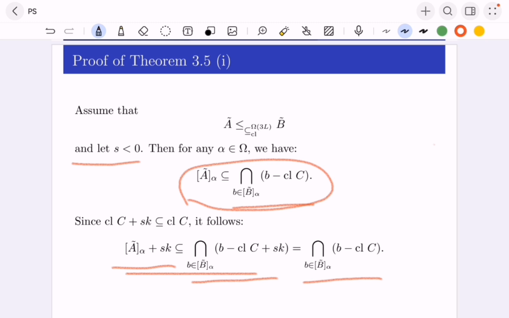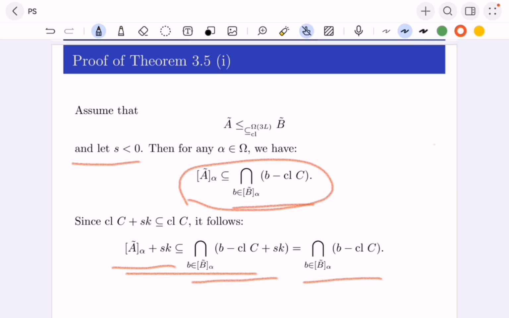So here we're translating the alpha cut of the fuzzy set A by the vector SK and comparing it with the corresponding shifted cone. So since S is less than 0, the direction of the shift is backward.